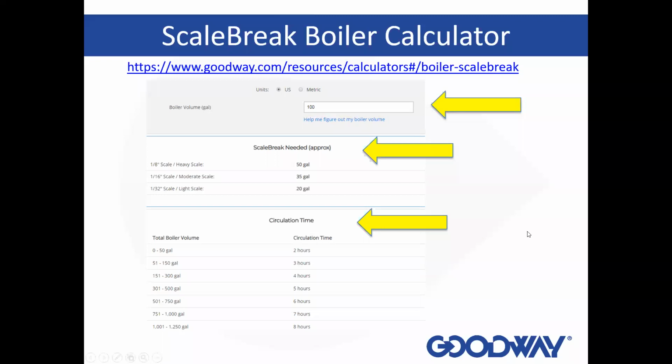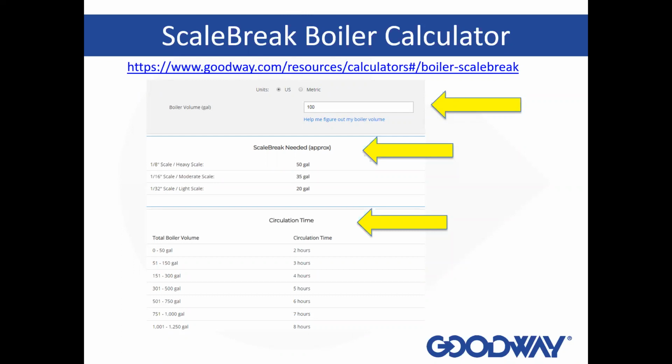So there are a couple of different calculators in there related to boilers, and I would say just again go to the Goodway website and to our resources section, and there's a whole list of different calculators that can help you figure out everything from how much you're saving in fuel to how much chemical you need to do a cleaning job.